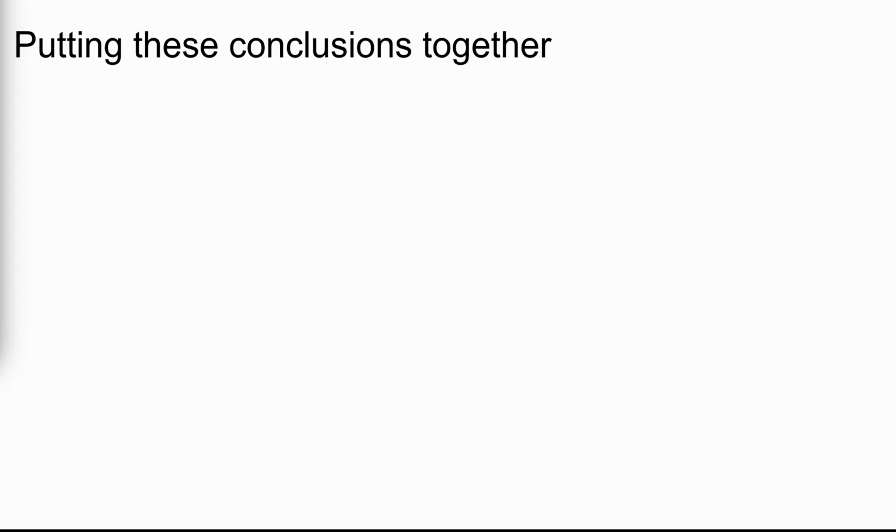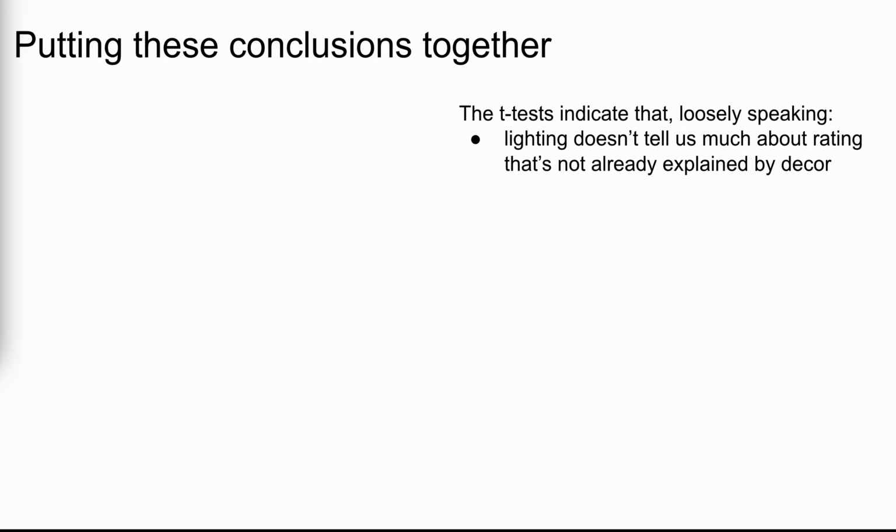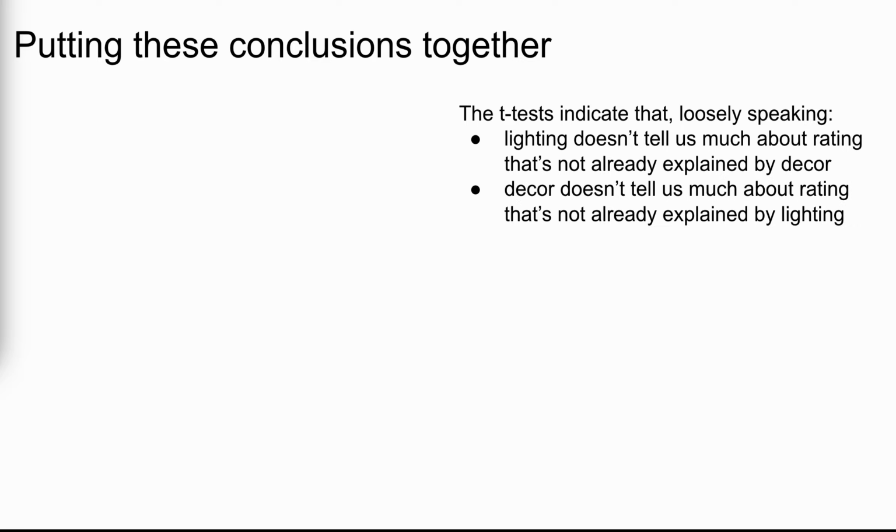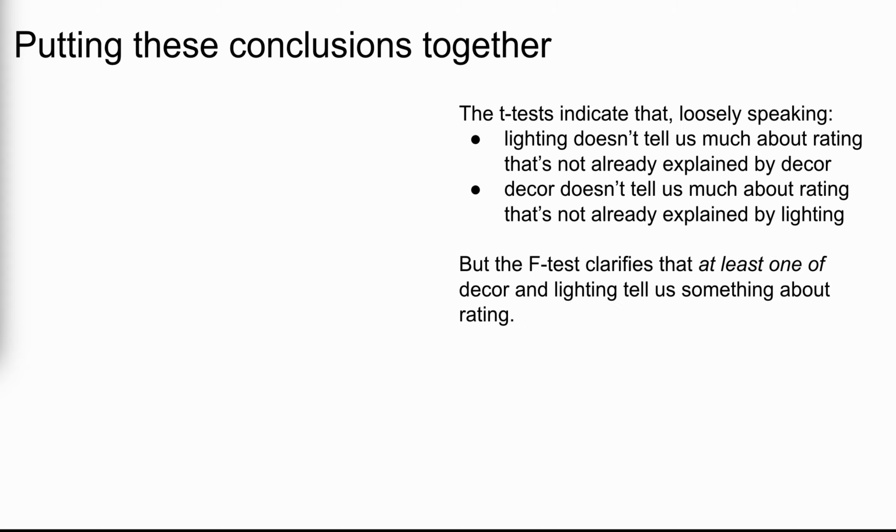Putting these together, the t-tests indicate that, at least loosely speaking, lighting doesn't tell us much about rating that's not already explained by decor, and decor doesn't tell us much about rating that's not already explained by lighting. But the F-test clarifies that at least one of decor and/or lighting tell us something about rating.